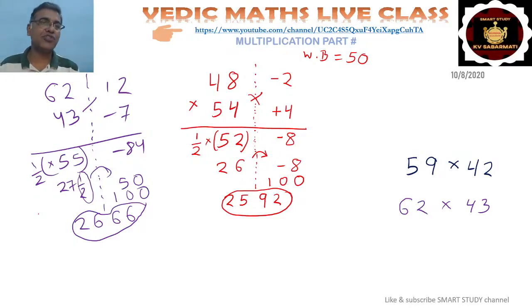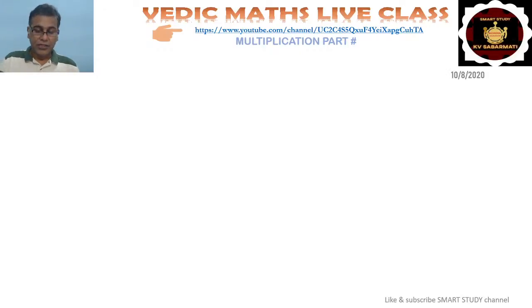Then how we will proceed? Okay, let us take a new slide. Suppose the two numbers, one number is 38 and another number is 45. Then how will I use the formula?